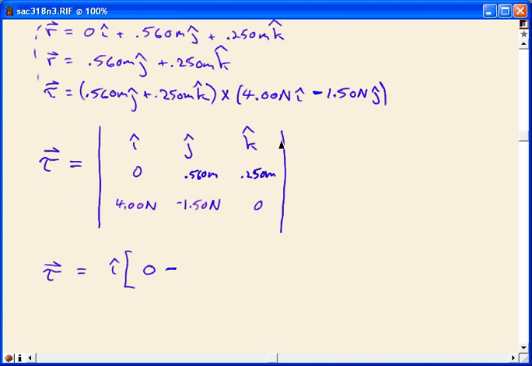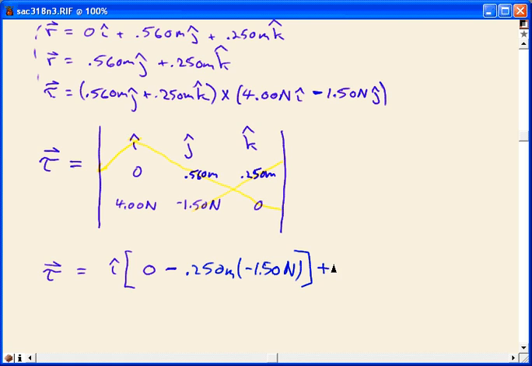So coming down and to the left, this one continues over here, and I've got 0.250 meters times minus 1.50 newtons. That's the i term.